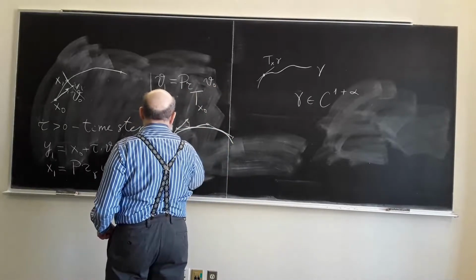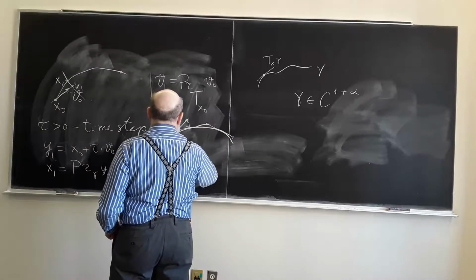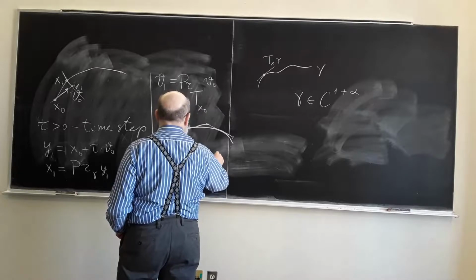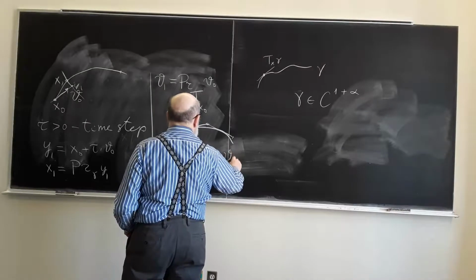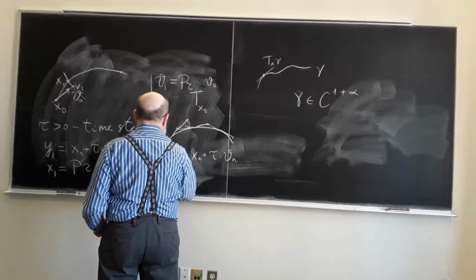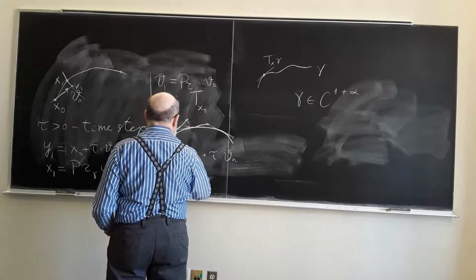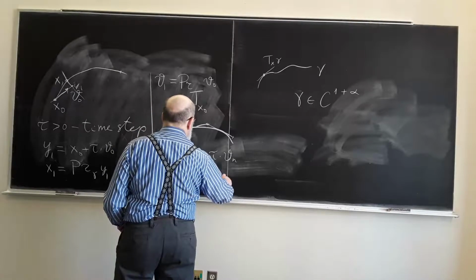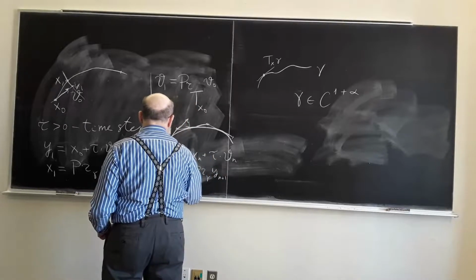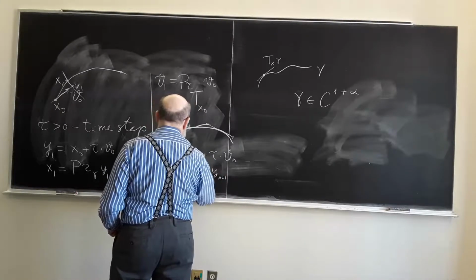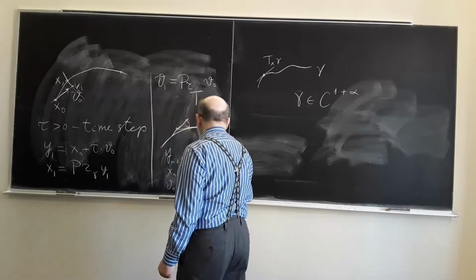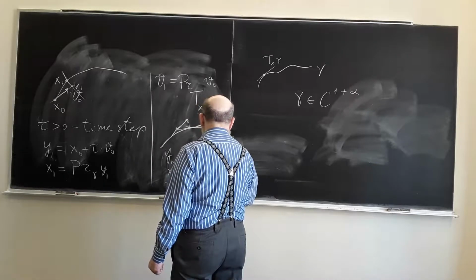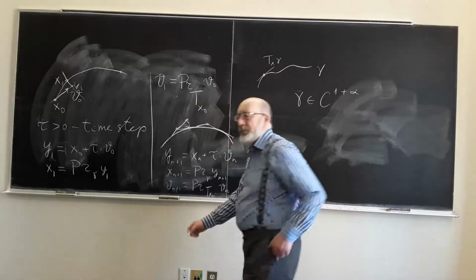y n plus 1 equals xn plus tau times vn, x n plus 1 equals the projection on gamma of y n plus 1, and v n plus 1 is the projection on the tangent at the point xn of vn.